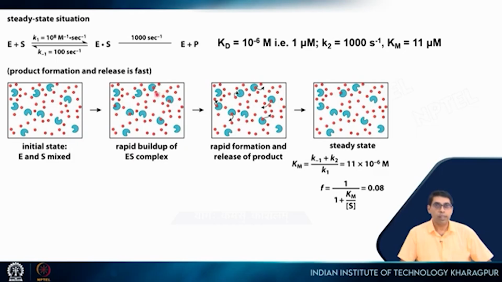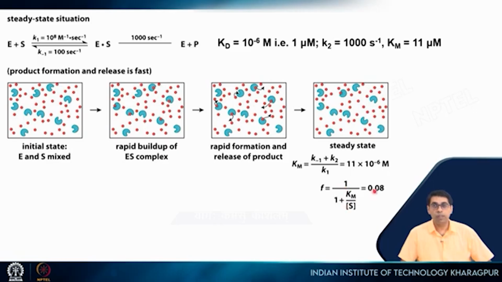What happens in this case is that the substrate binds to the enzyme, and once it binds, it gets very rapidly converted to the product and the product is released, right? So under this condition, what is our occupancy? Occupancy is this. Km is 11, substrate concentration is 1, so the ratio is 11, and 11 plus 1 is 12.